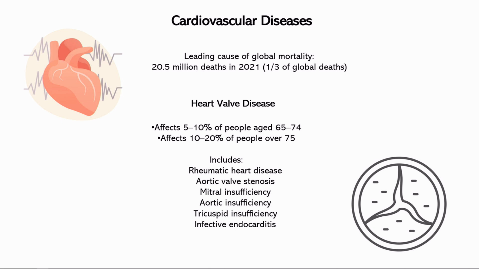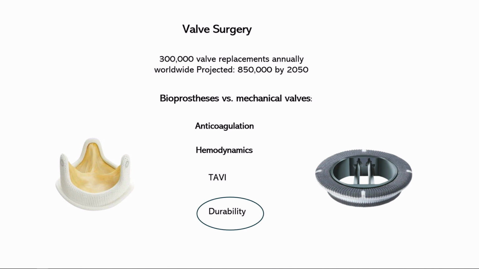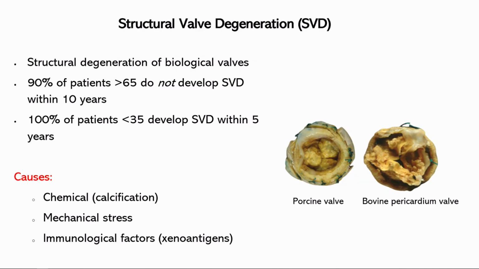If we talk about durability, there is a huge problem with these implants, in that structural valve degeneration starts to happen, and we were discussing this on this occasion as well. 90% of patients greater than 65 do not develop this within the first 10 years, while 100% of patients less than 35 develop it within 5 years.